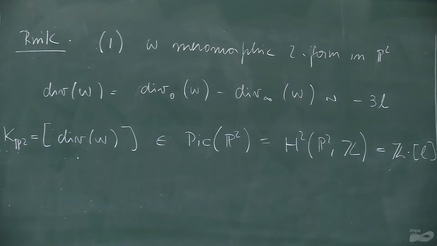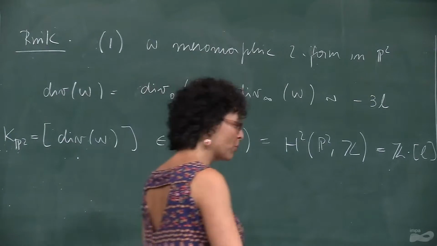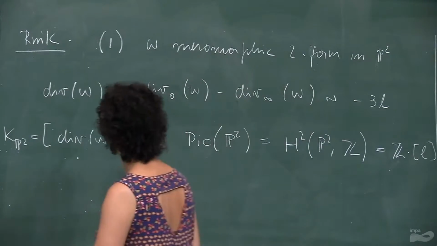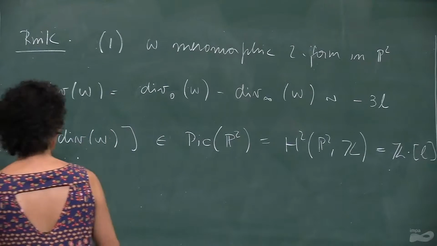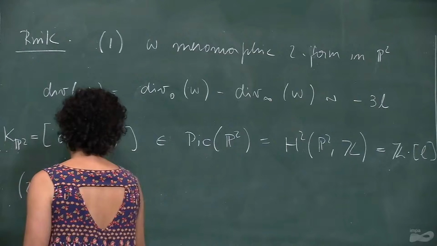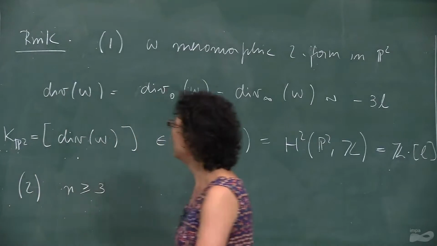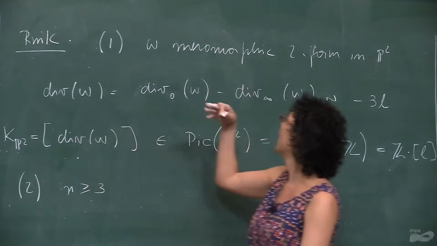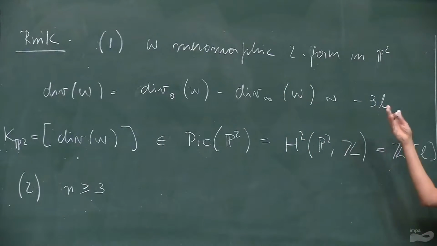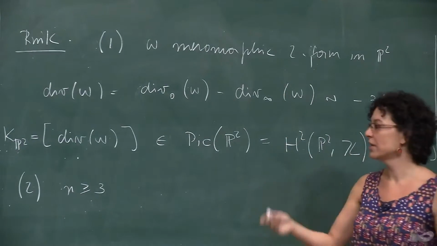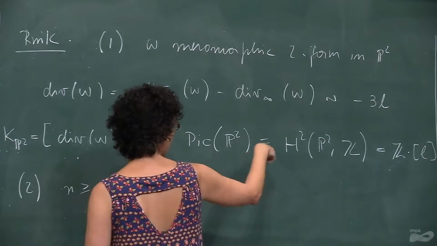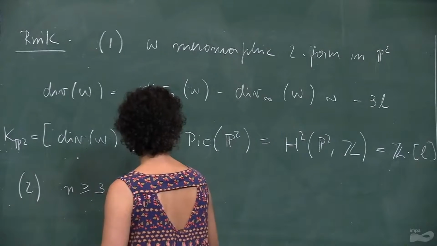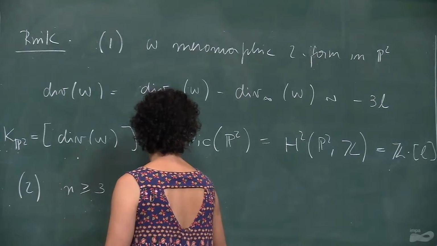And so instead of looking at this meromorphic form, we could have looked at other meromorphic forms, and this is what we are going to do. But we are going to do this in higher dimensions. So let me just say that also for arbitrary n, again, if you take a meromorphic n-form and you look at the divisor associated to it, it will always define the same element in the Picard group or in the cohomology group, which we denote by K_{P^n}.